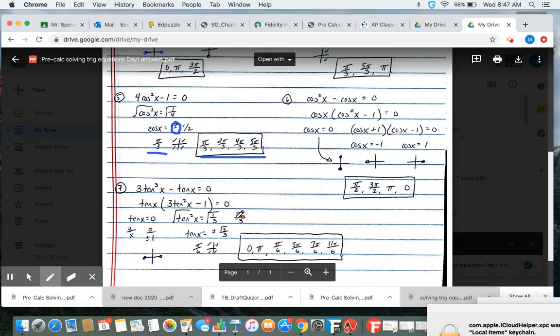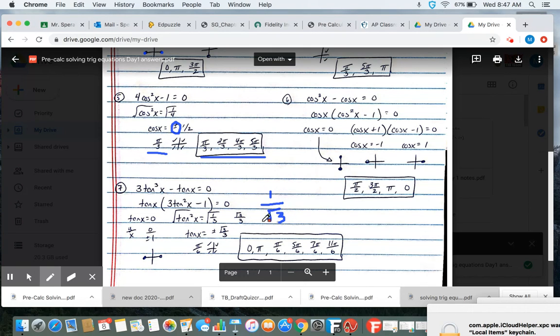Lastly, number 7 is a little different. You look at it and say, they both have tangent. Let me take out tan x, and I'm left with 3 times tangent x minus 1 equals 0. At that point, take your factors, set them equal to 0, and solve. So I added 1 and divided by 3. I got tan squared x, so I'd have to take the square root of both sides, which means plus or minus, and then rationalize.